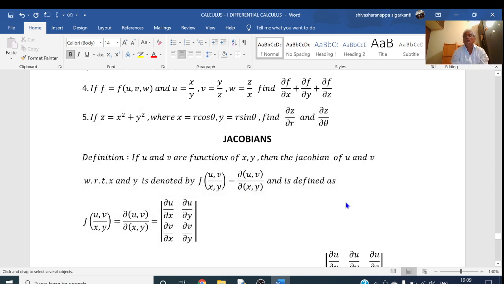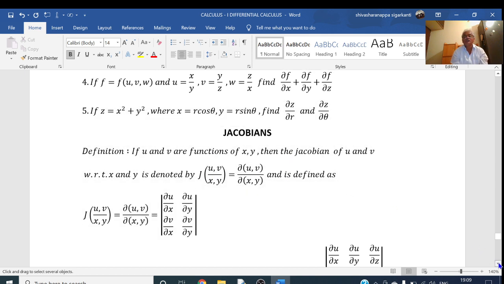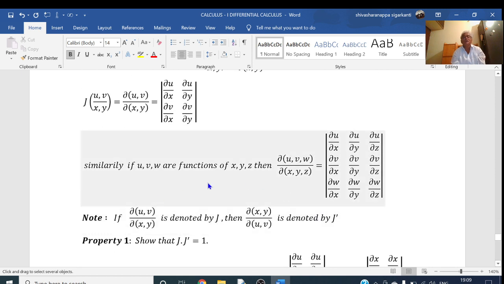Similarly, suppose u, v, w are functions of three variables, say x, y, z, then we can define the Jacobian ∂(u,v,w)/∂(x,y,z) as the value of the determinant where the first row is the partial derivatives of u, second row is the partial derivatives of v, third row is the partial derivatives of w with respect to x, y, z.